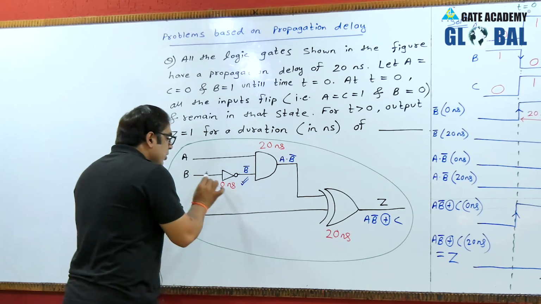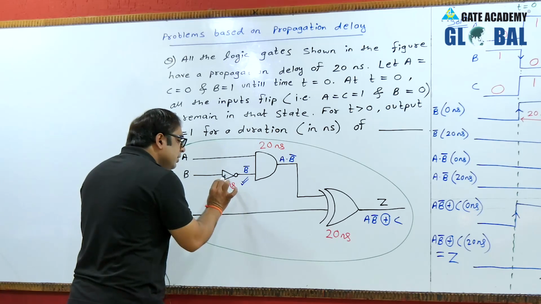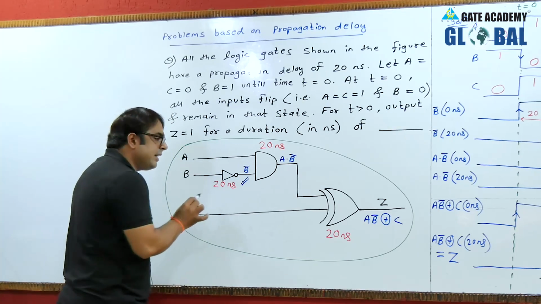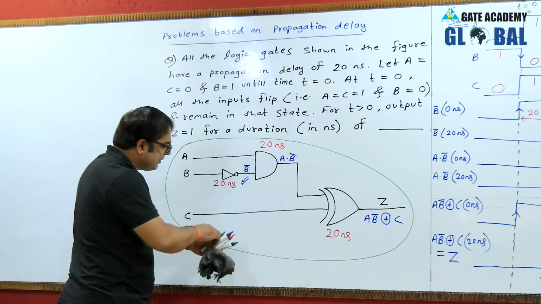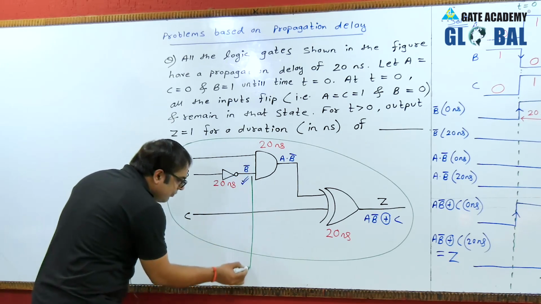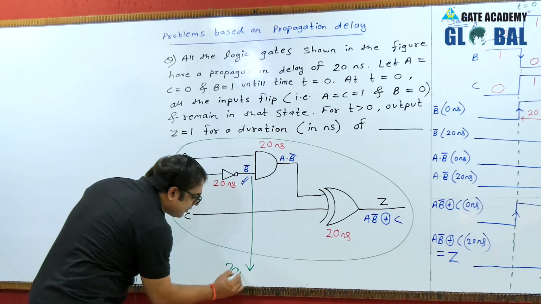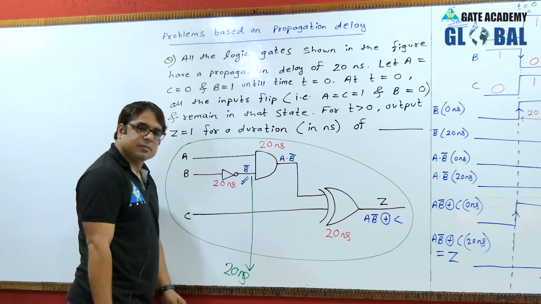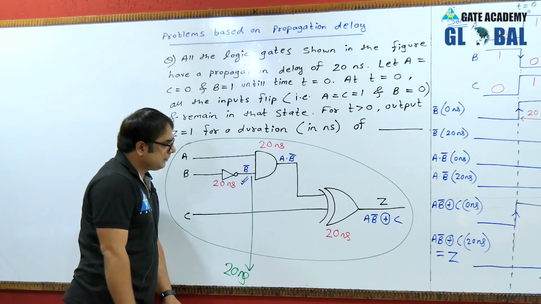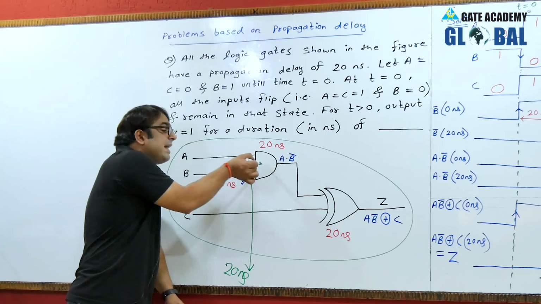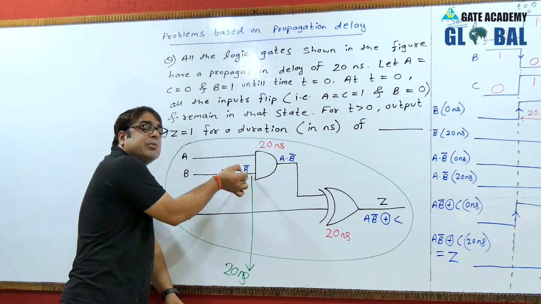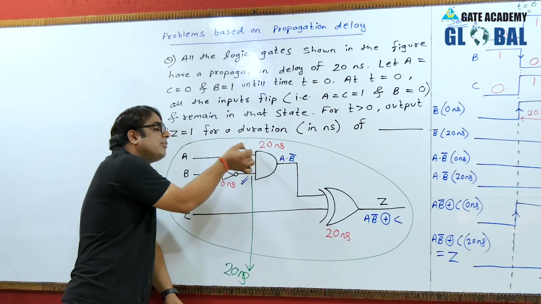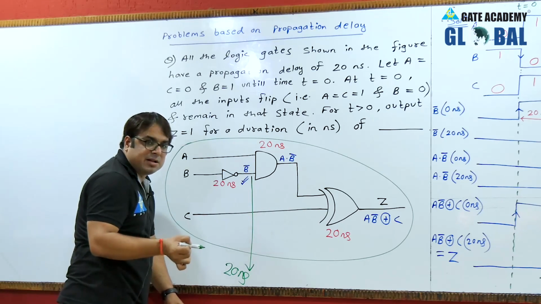The first gate we can see is the NOT gate. The output of this NOT gate will be stable at 20 nanoseconds. Now see, when will all the inputs of this AND gate be available?